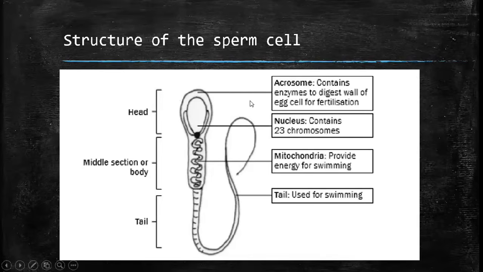Since the egg and the sperm need to fuse together, the sperm gets into the egg cell through this tip here, which is the acrosome, which contains particular enzymes. We did enzymes, guys. These enzymes make it possible for this part to penetrate the egg cell.